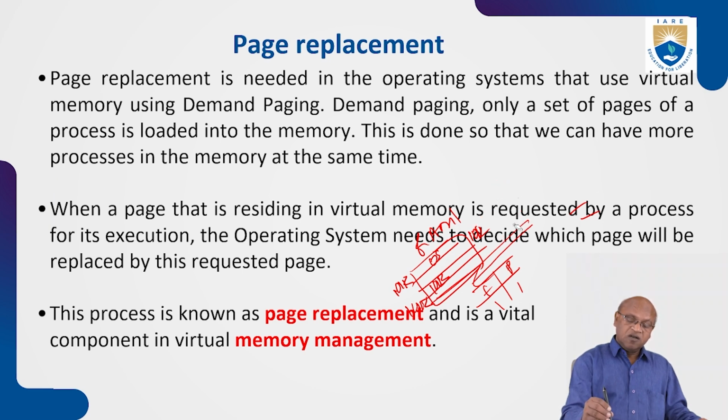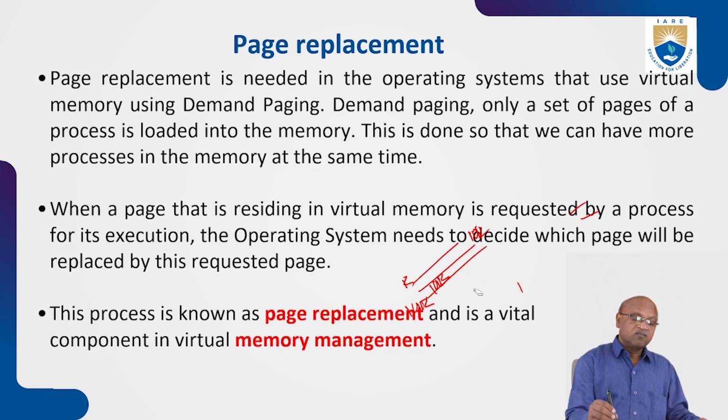Automatically the page table also gets updated. Which page is to be removed from the RAM is the whole value of our algorithm. That is what we see in the page replacement algorithm.